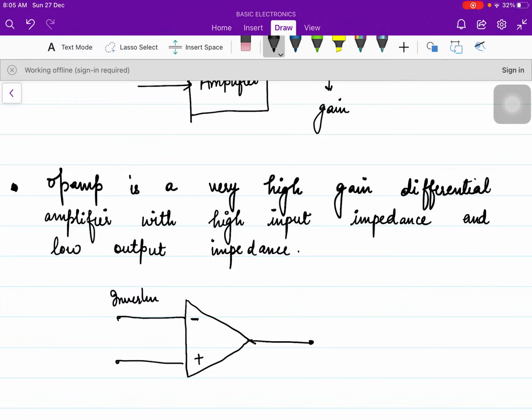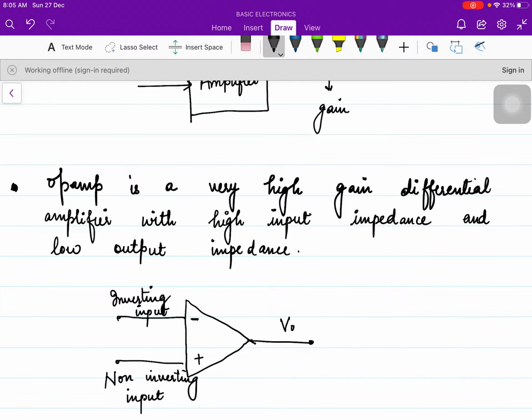That means whatever input you feed here will be opposite in phase at the output. And this is a non-inverting input. So every op-amp has two input terminals and one output terminal.